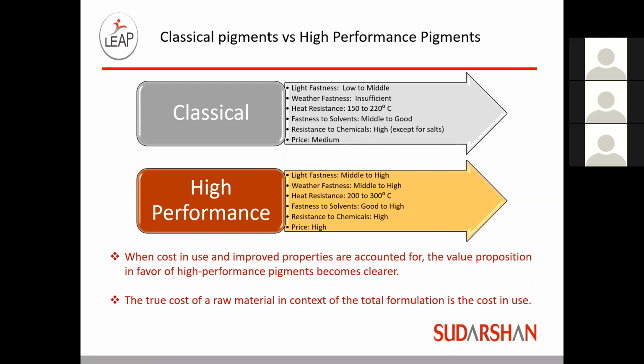So the true cost of the raw material that you're using is in context of the total formulation, that cost in use. You've probably heard this phrase used in the past, but when you take into consideration both the technical performance properties as well as the color that it brings, that value in use is at a higher level over a classical pigment.